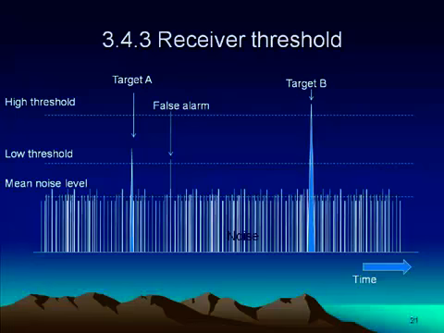Hence, the selection of the threshold is a very intelligent choice. It should not be too low because we have to avoid false alarms. At the same time, it should not be too high, to counter this missing of targets. This is a very crucial decision in the design of radar systems.